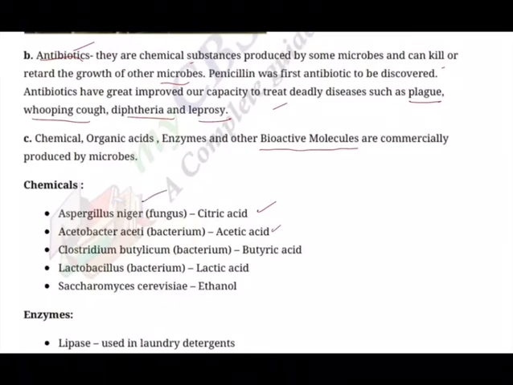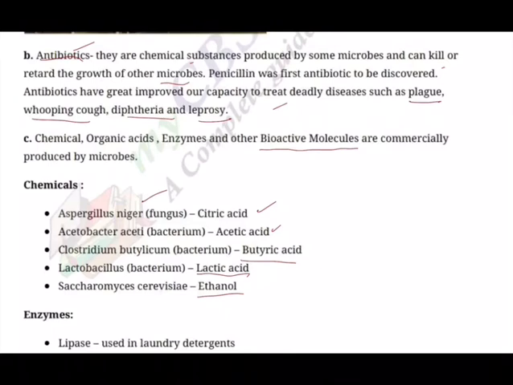Acetic acid, very useful as a preservative, comes from Acetobacter aceti, a bacterium. Butyric acid is obtained from Clostridium butylicum, which is a bacterium. And of course lactic acid, from the bacterium Lactobacillus. And then ethanol, ethyl alcohol, from Saccharomyces cerevisiae.